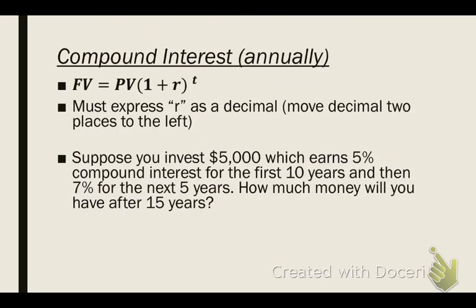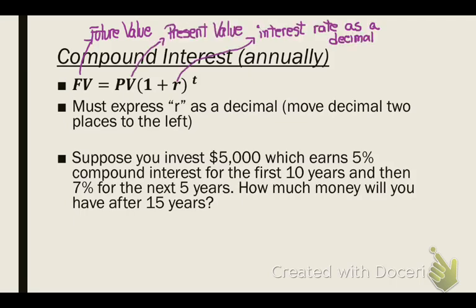Okay, we're also going to talk about compound interest, and we're talking about compound interest annually because we're only talking about years. And the formula for that is, again, our future value equals our present value, or our principal, times 1 plus our interest rate expressed as a decimal, this time the whole quantity, that 1 plus r, raised to our time period, which again we're only going to use years.